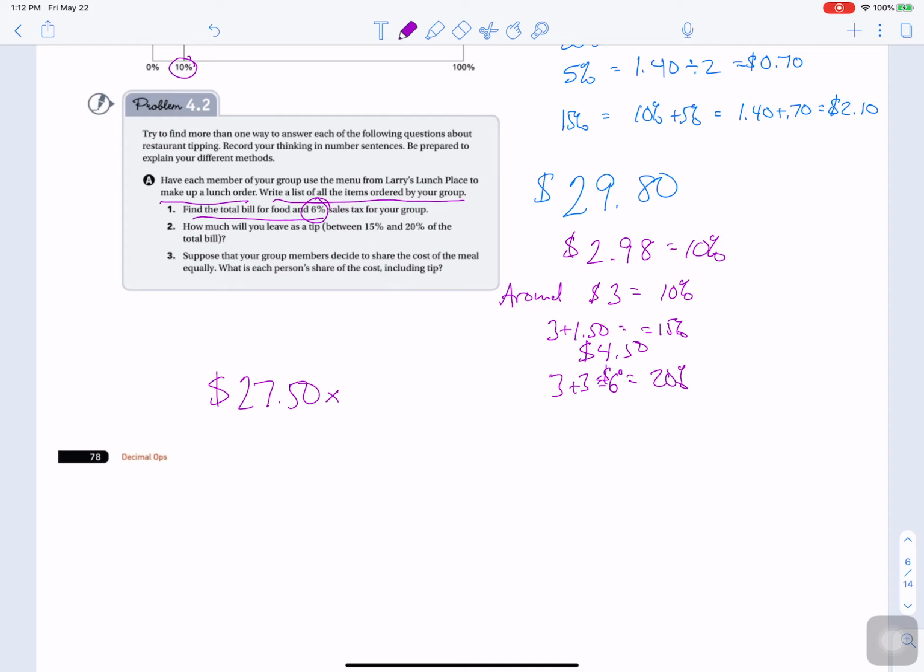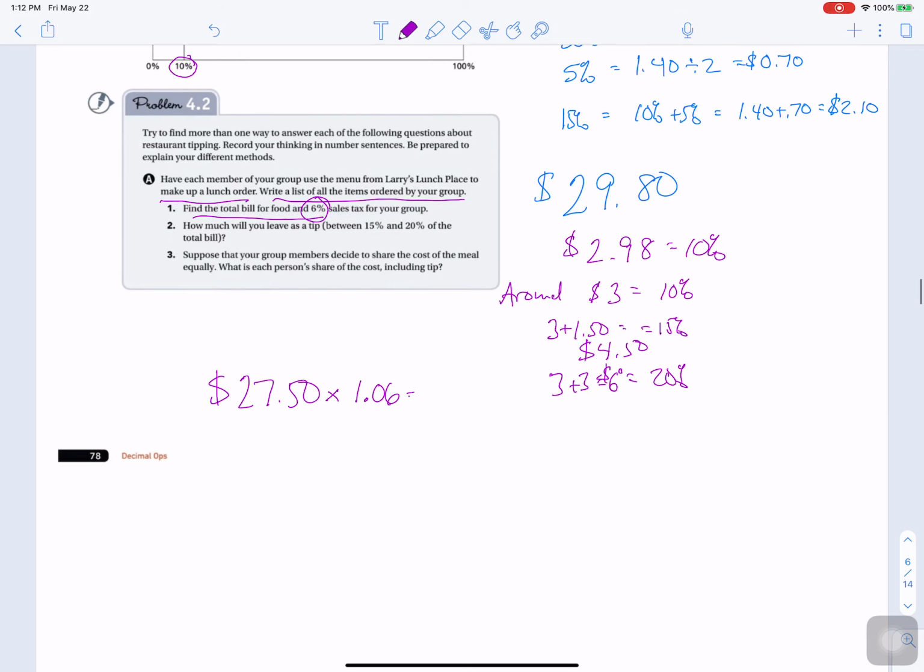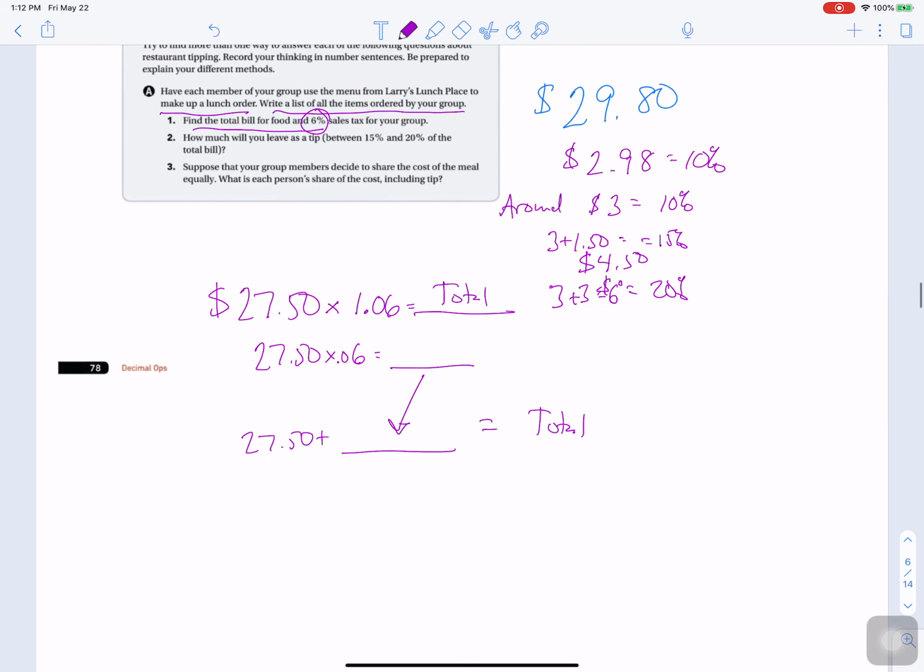Remember, you could multiply by 1.06 to get that total amount, or you could multiply by 6%, 0.06, and then add 27.50 plus that value to get your total. Either way, this gives you the total. So get that first.